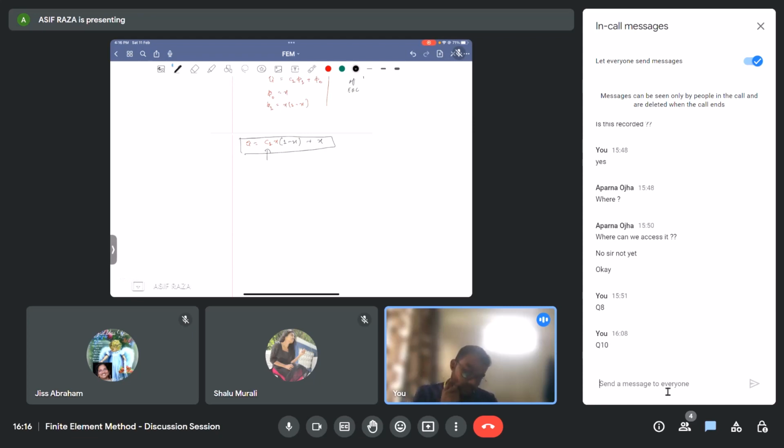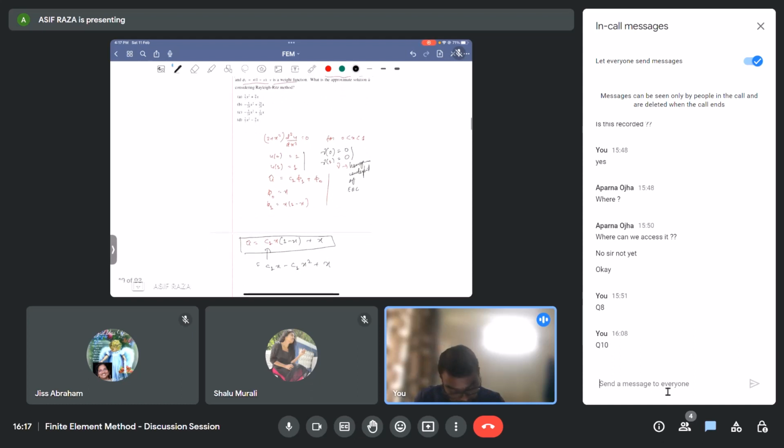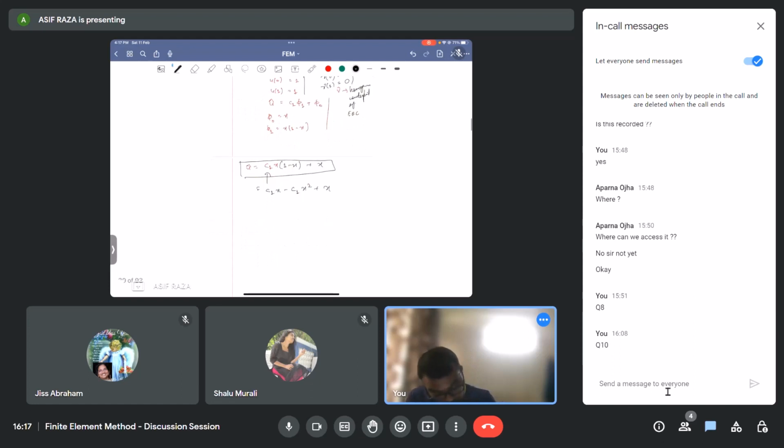I just got one idea: C1 x square plus x. Now we have C1 plus 1 x minus C1 x square.